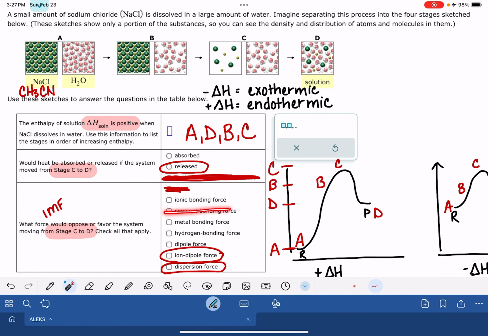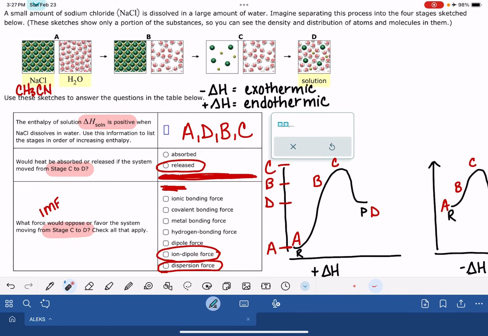Covalent bonding forces, I don't think is an option. I think that's referring to the energy associated with a covalent bond, and we're not breaking any bonds here. So I don't think this is one that you would choose. And the same thing with metal bonding. I didn't see any problems where this would make sense. So that's maybe a tip. But again, leave a comment if you did see that type of problem.